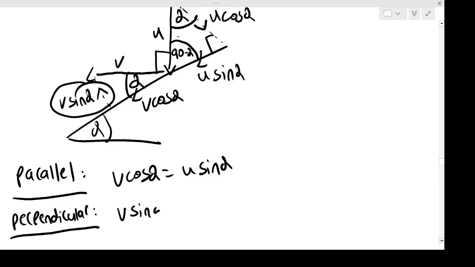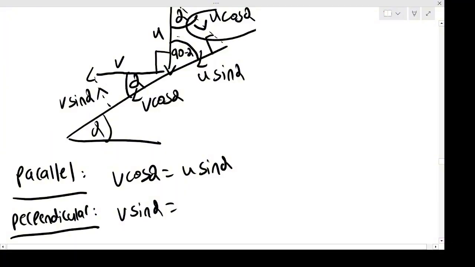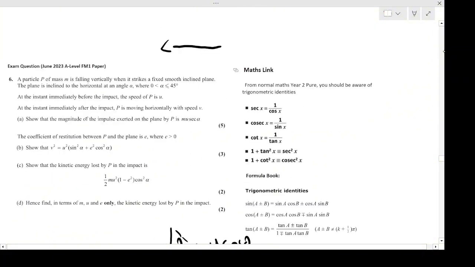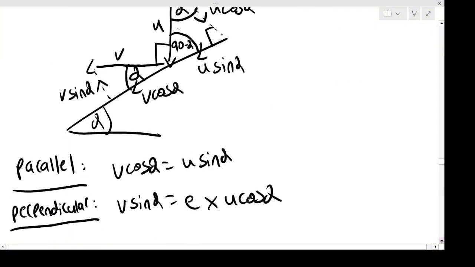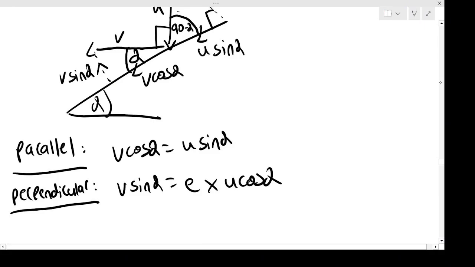Hopefully you can see that right, perpendicular to the slope. That's going to equal e lots of the original perpendicular component. So it's going to be e lots of u cos alpha. Hopefully happy with the equations here. Okay. I'm not told what e is, so I'm just going to leave it as e.